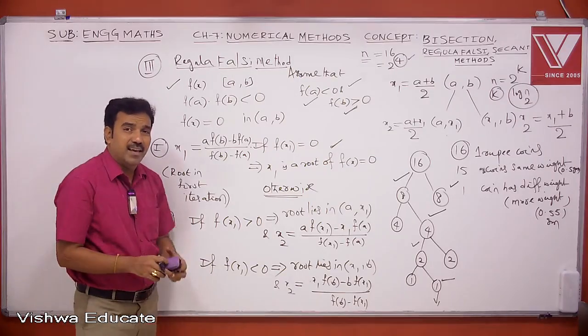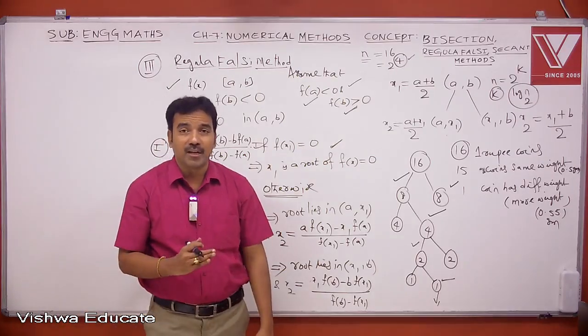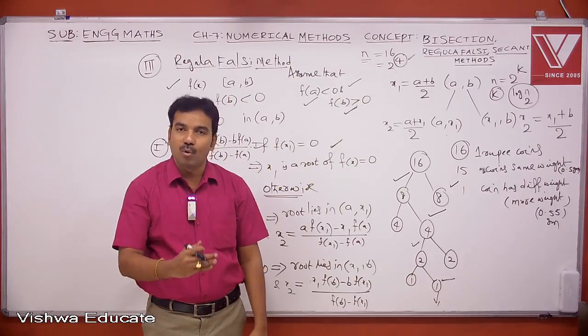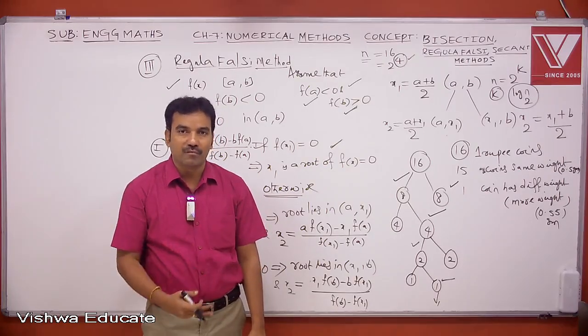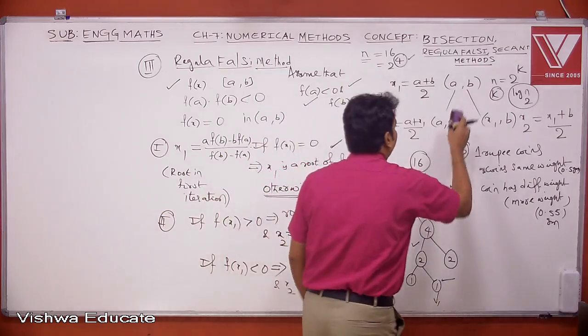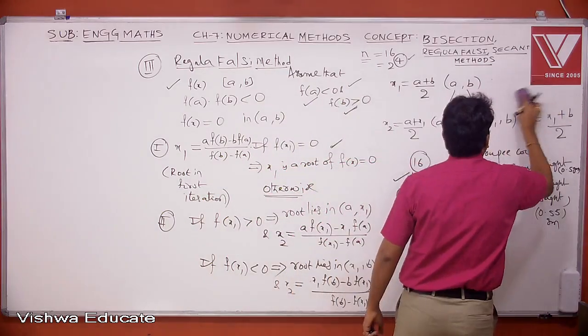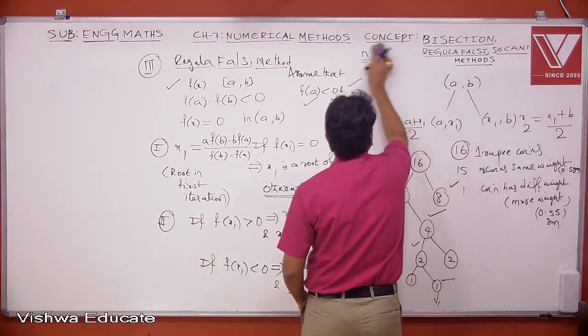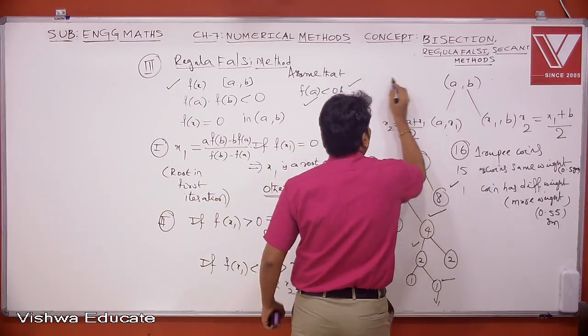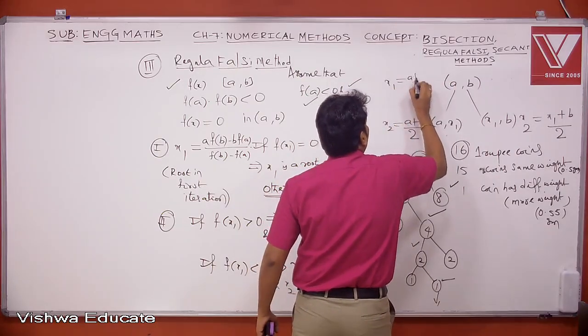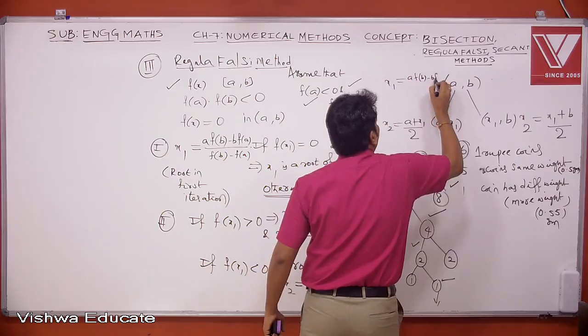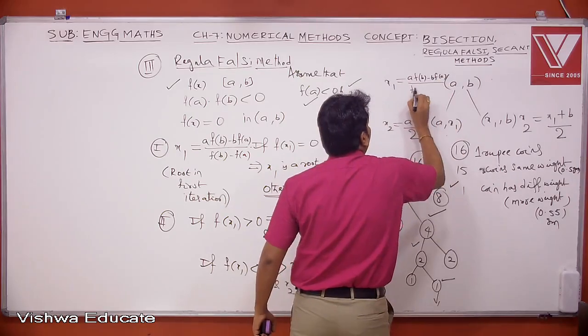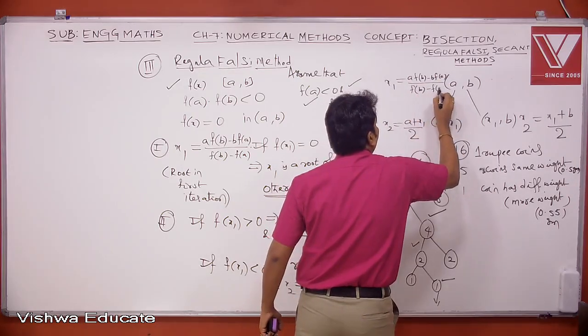So this is again a continuous process of applying the intermediate value theorem over subintervals until we get a root of the equation. The structure is exactly the same, but the formulas are slightly different. If the root belongs to this interval, x1 is a into f of b minus b into f of a divided by f of b minus f of a.